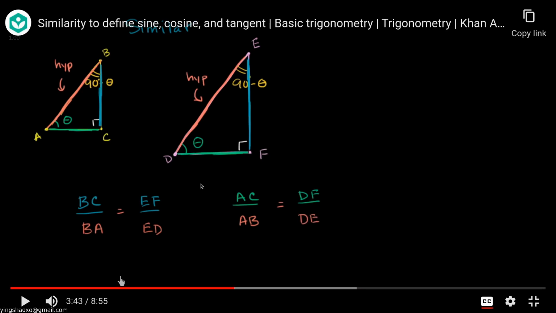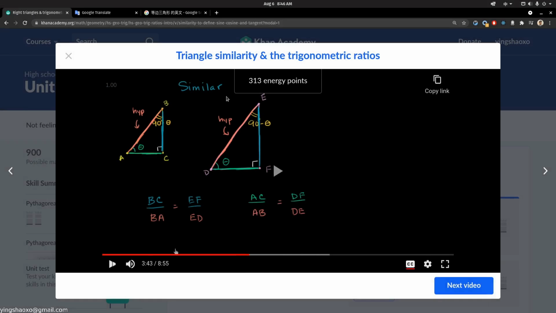This property is not only for right triangles; you can also use it for any triangles with the similarity property as the base.